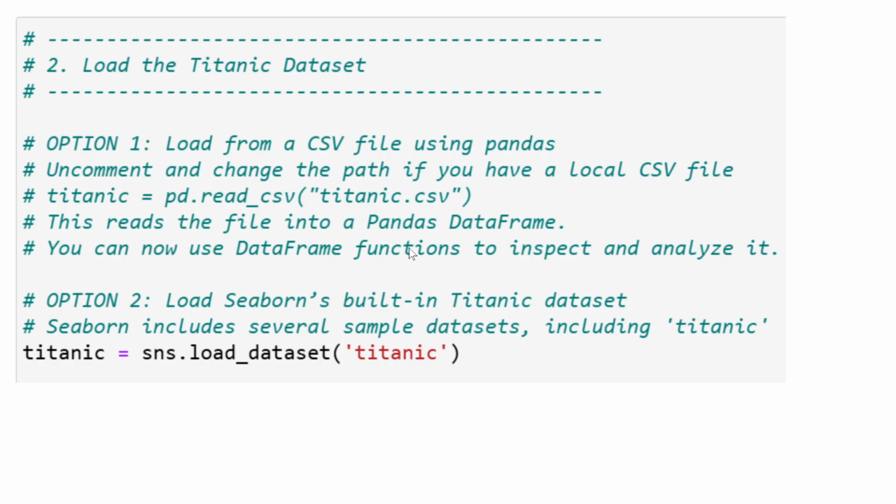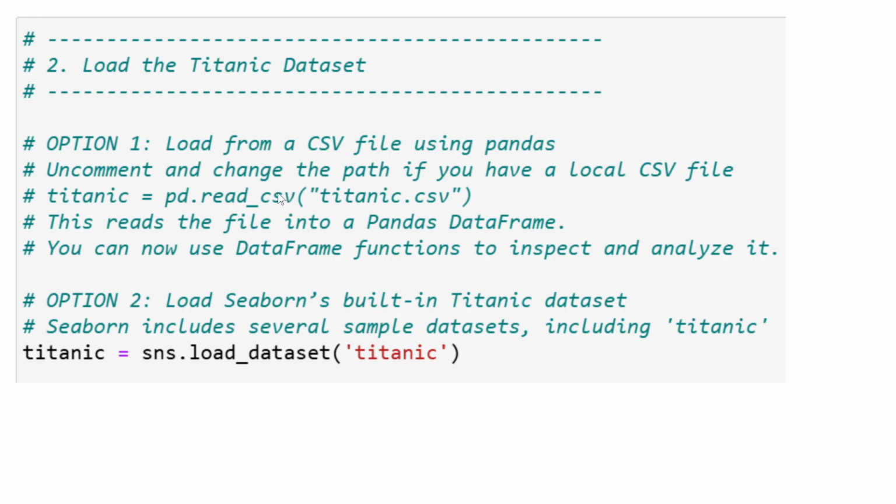Then we will load the data set. So we are using the Titanic data set, as we have used in the earlier assignment, the same data set we will use. So here you have two options. First, download the Python dataset and use it, or you can use the inbuilt dataset also.